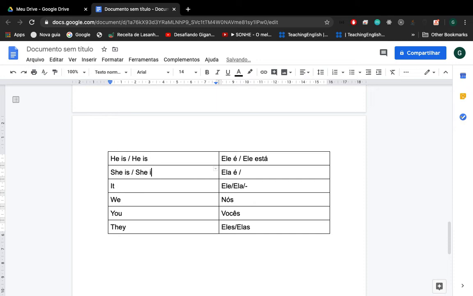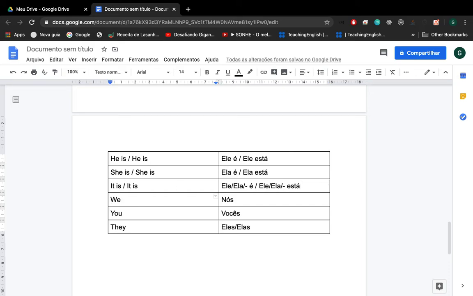She is temporary. Ela está. It is not temporary condition. Ele or ela or no pronoun é. It is temporary condition. Ele or ela or no pronoun está.